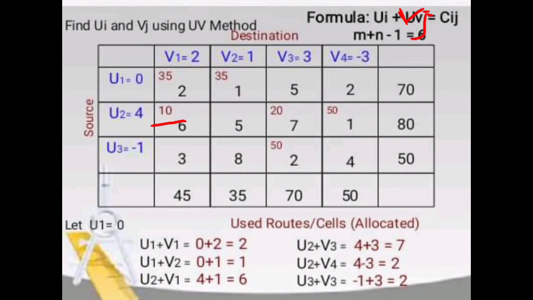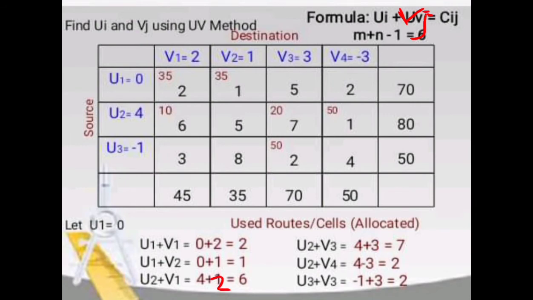To find the U2, we add a number to make 6. To make it 6, we have 4 plus 2. 4 plus 2 is equal to 6. And then this is 2.